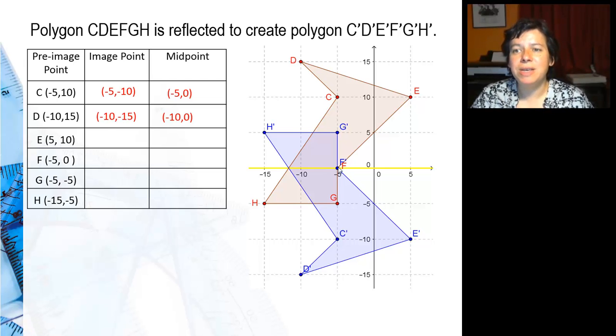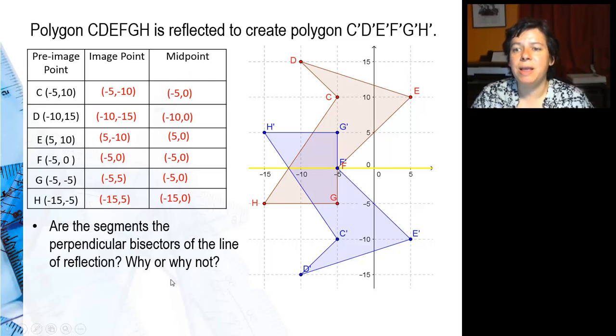Filling in the rest of these, you should see a pattern as I fill them in for the midpoint. First of all, there are two patterns to see. One is that the only thing that's changing is the y-coordinate, and I'll have that rule on the next slide. So the y-coordinate is changing sign. And the other thing you'll notice about the midpoints is they all lie on the line where y equals 0. The x's change, but the y's always stay the same.